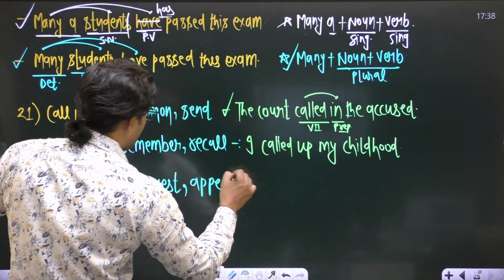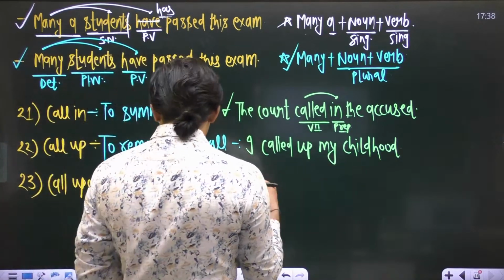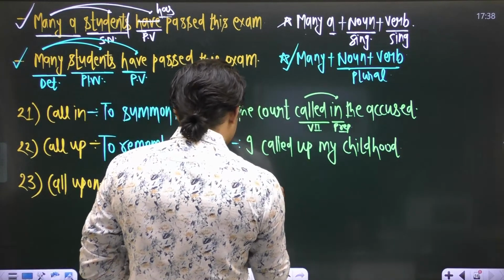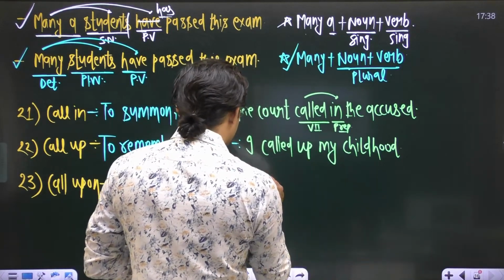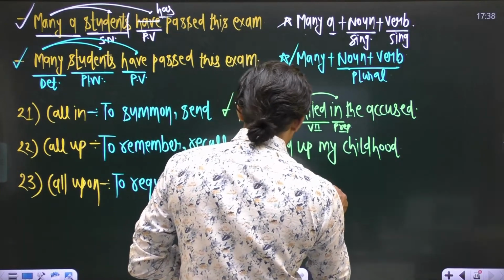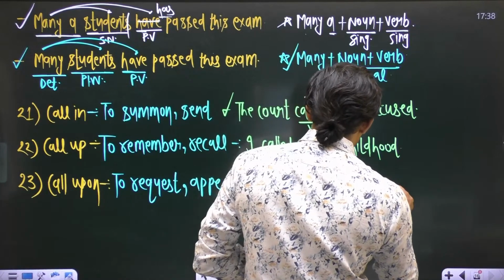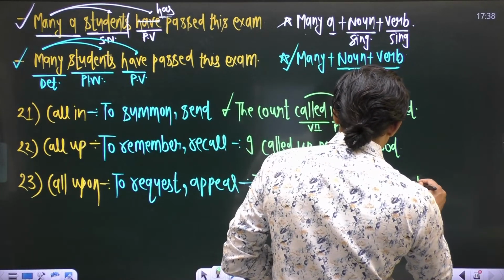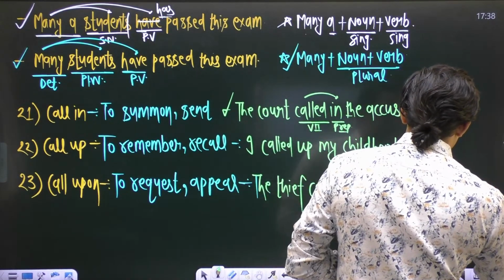For example, if you say, the thief called upon me. The thief called upon me not to call the police.